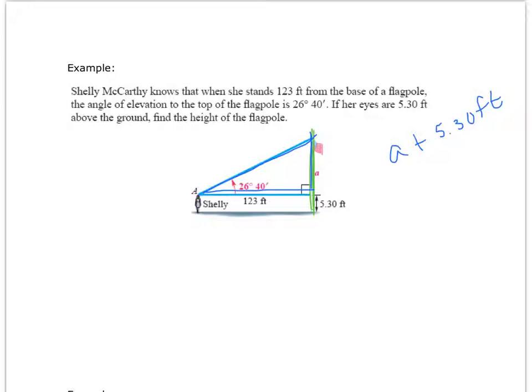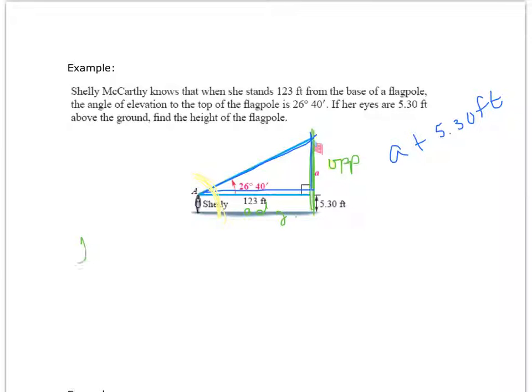So let's think about what we have. We're looking from here, from Shelley's point of view. We have an opposite. Let's get a better color. We have an opposite and we have an adjacent. And so we have theta, which is 26 degrees 40 minutes.